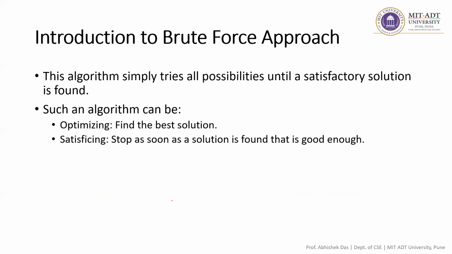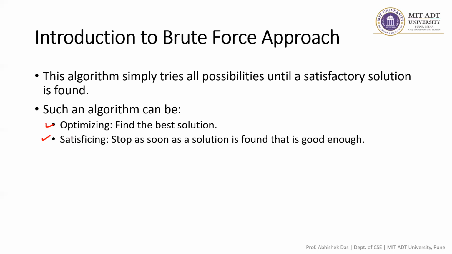Such an algorithm can be of two types, that is optimizing and satisficing. In the optimizing approach, we always try to find the best solution for a given problem. This may require finding all the possible solutions, or if a value for the best solution is known, it may stop when that best solution is found.